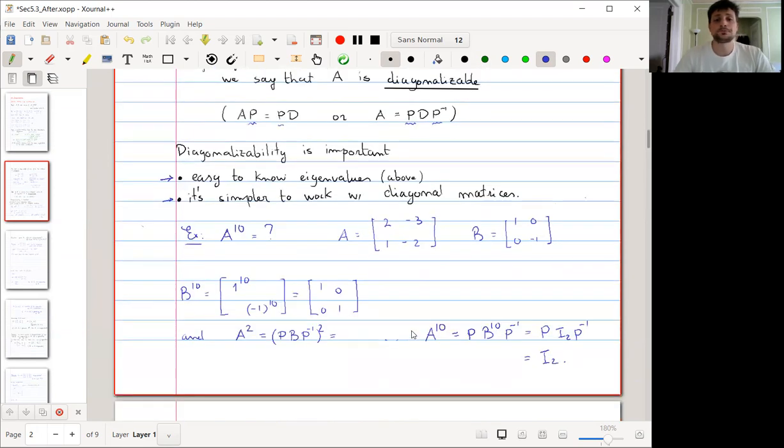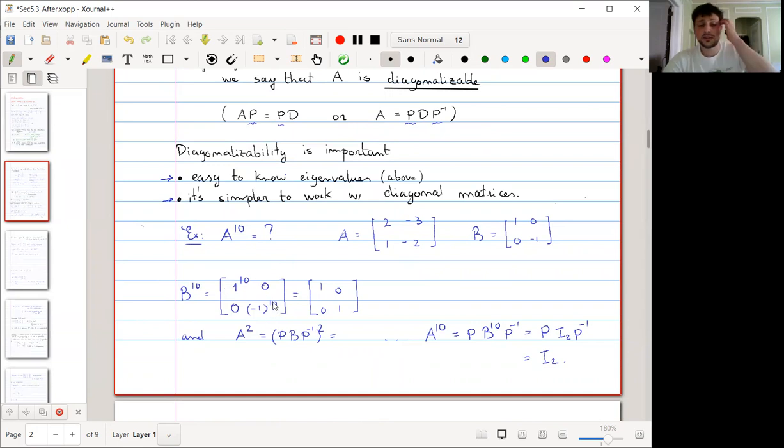Here's an example. Suppose I want to compute my matrix A. These are the matrices from before, A and B. I want to compute A multiplied with itself 10 times. I could do that by just sitting down and patiently computing A times A times A, 10 times, or I can compute B to the 10th, and diagonal matrices just raise their entries to the 10th exponent.